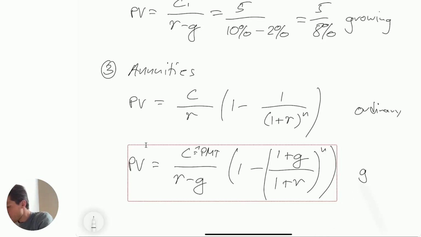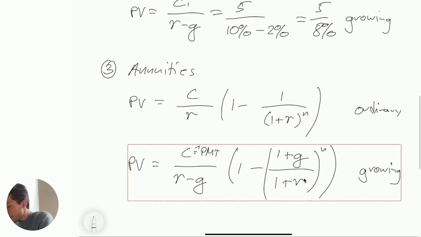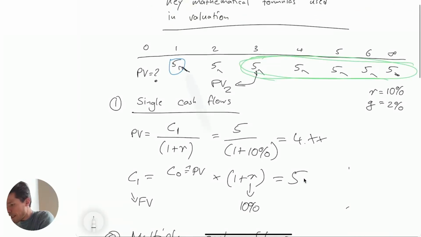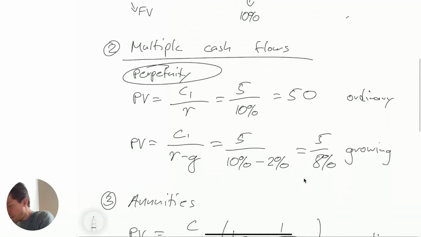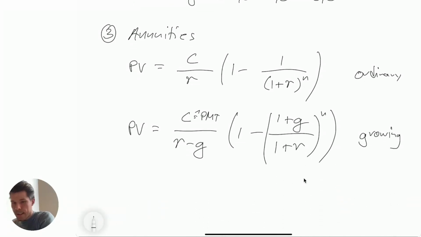This is the growing annuity. That's the formula we are using. Again, if we have a growth rate of 2%, we assume those cash flows are growing at a rate of 2%. Other than that, they stay consistent.